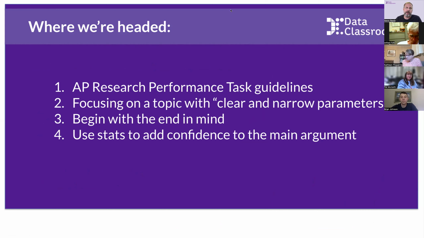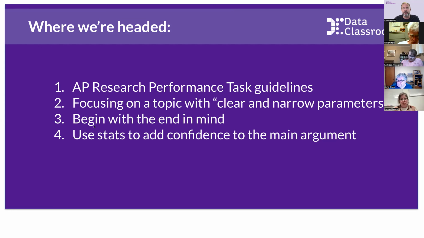But we're first going to talk about the specific AP research performance task guidelines and what I found when I dove into that. Then we're going to go into 3 suggestions. One, focusing on a topic with clear and narrow parameters, and that language comes directly from the AP research rubric for the academic paper.